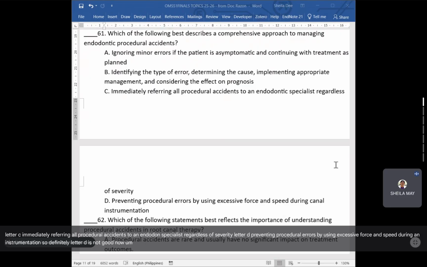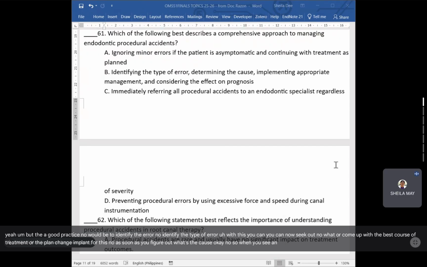Now, what I always say is endo is done with finesse. Okay, so excessive force is something that we do not want to do in endo. But a good practice would be to identify the error, identify the type of error. With this, you can now come up with the best course of treatment or the plan, changing plan for this, as soon as you figure out what's the cause.